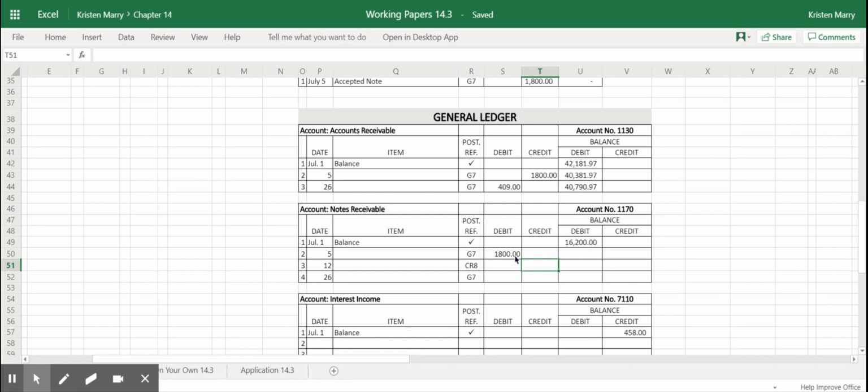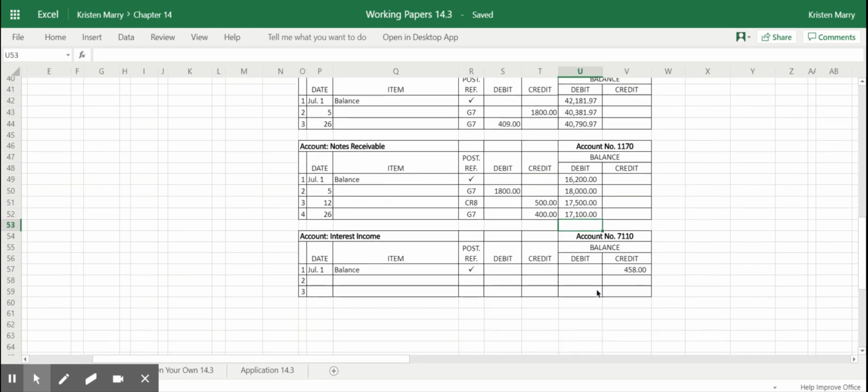And then both the 12th and the 26th were credits of $500 and $400. All right, so our debits add together. And then our credits subtract off. So right now, $17,100 of notes receivable money that customers are borrowing from us.